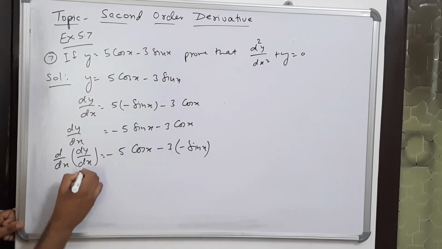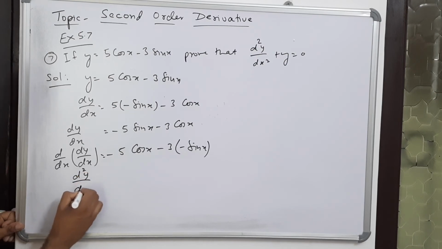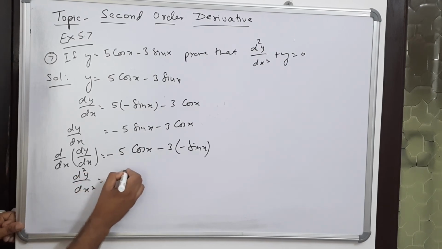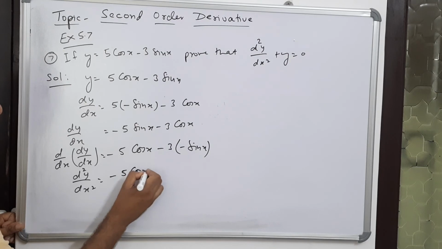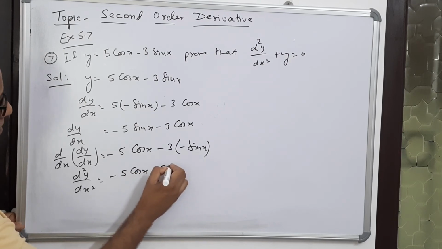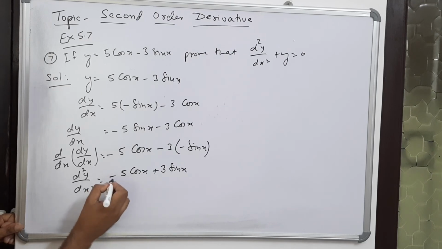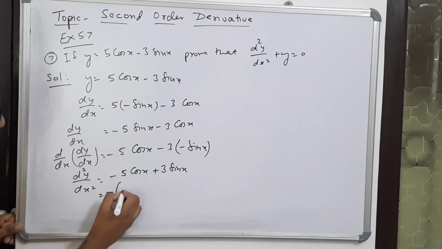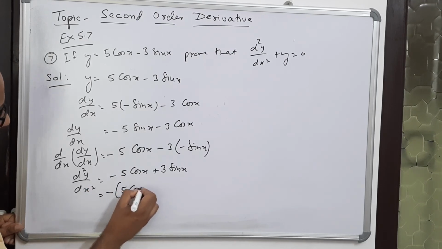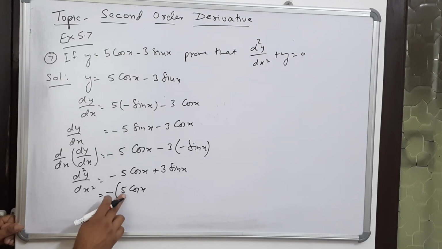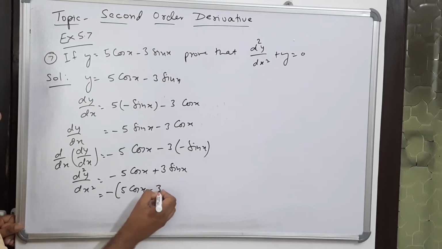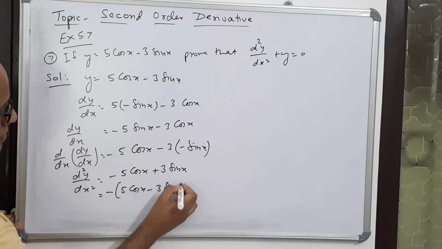So this part is d2y by dx square equals minus 5 cos x plus 3 sin x. Or in the next step, if you take minus common, then 5 cos x minus 3 sin x.